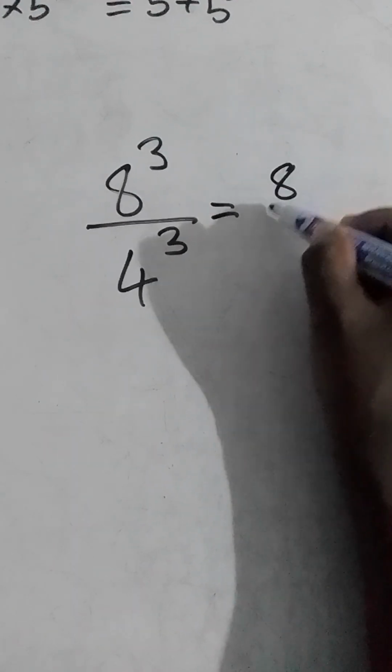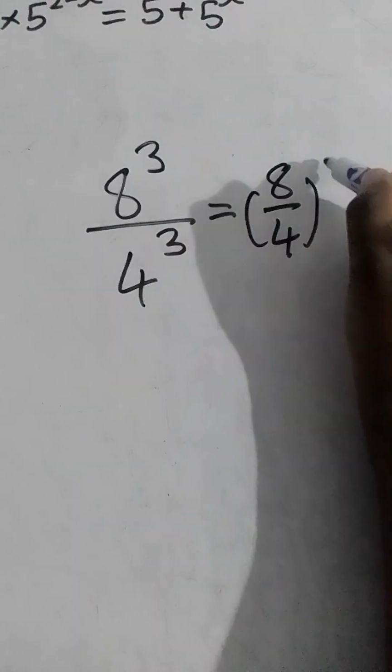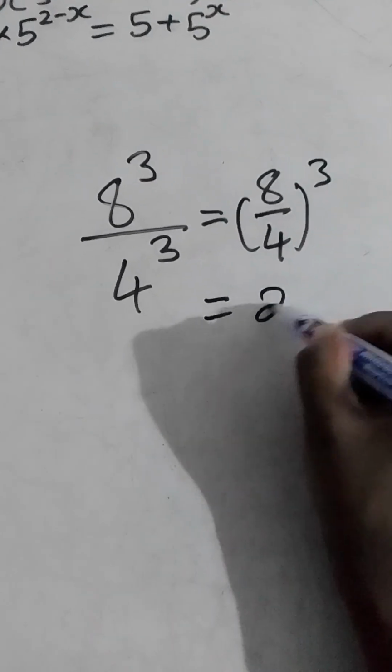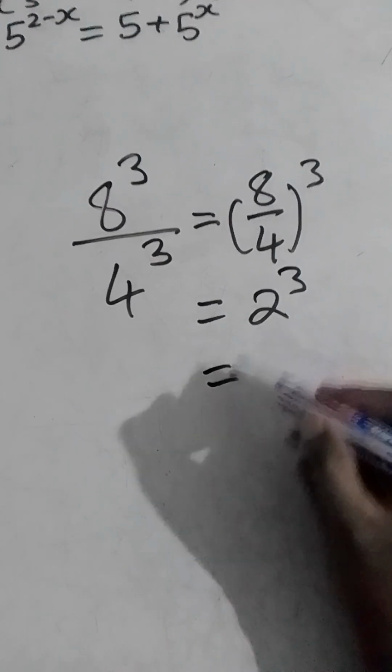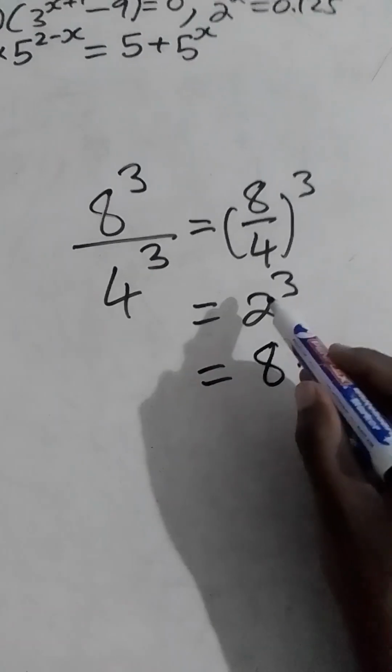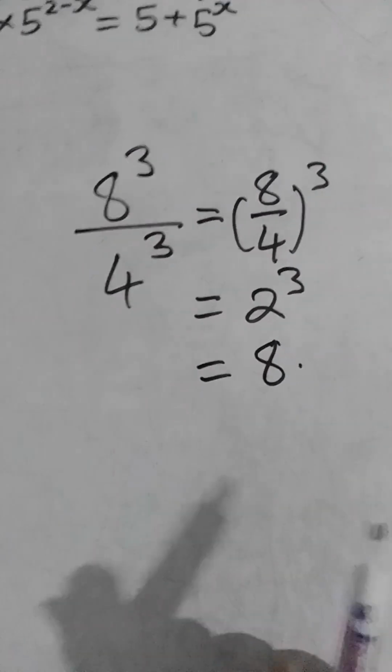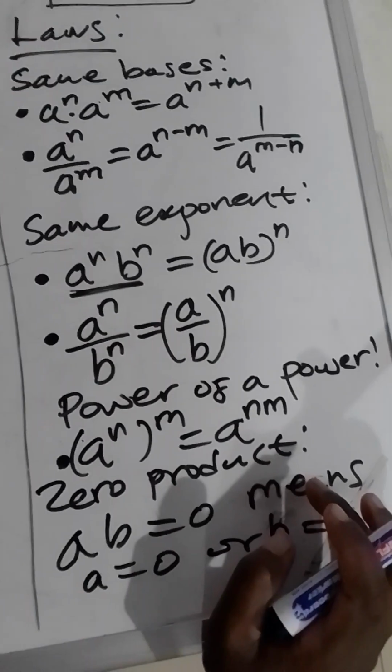So you can just say 8 divided by 4 and then you keep the same exponent. And this becomes 2 to the exponent 3, which if you want to write the value of, then it becomes 8, because it's 3 2's multiplied together, which is 2 times 2 is 4 times 2 is 8. Okay, so that is the second set, which is same exponent laws.